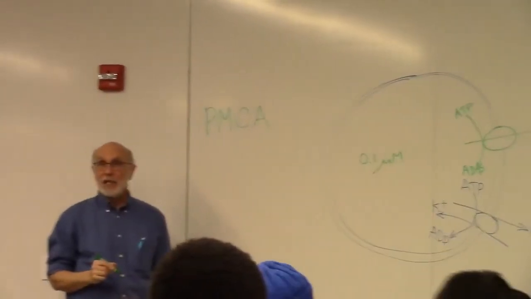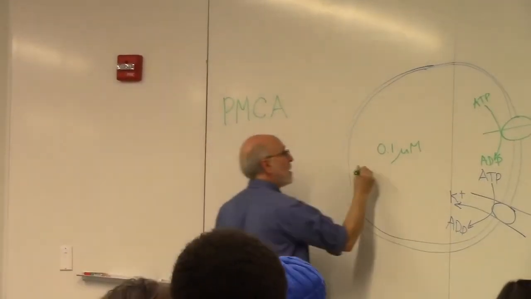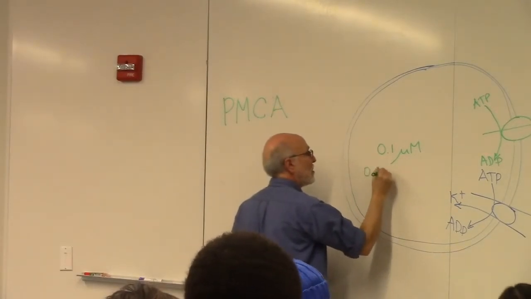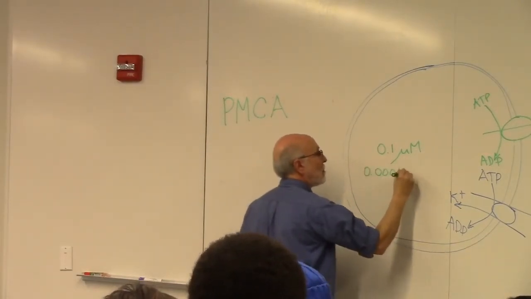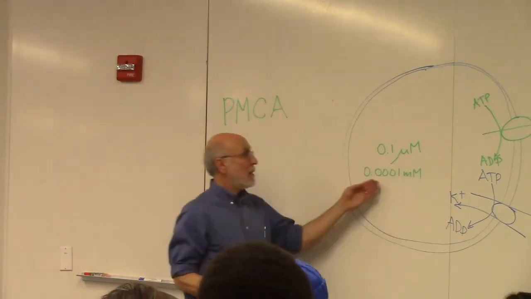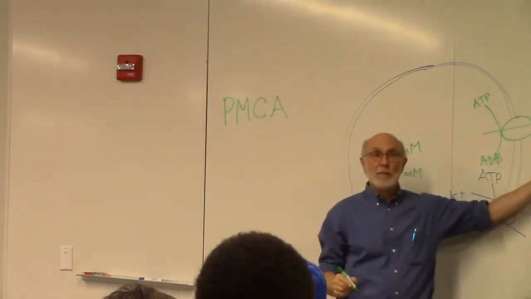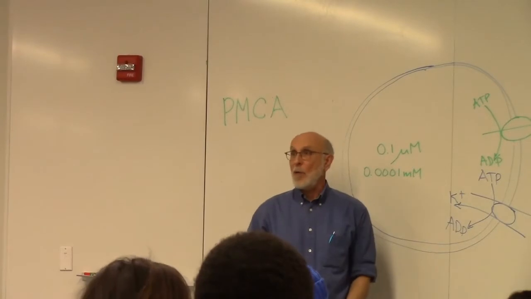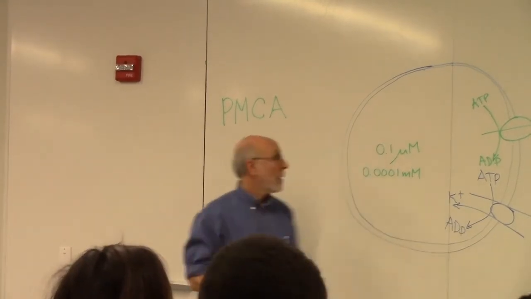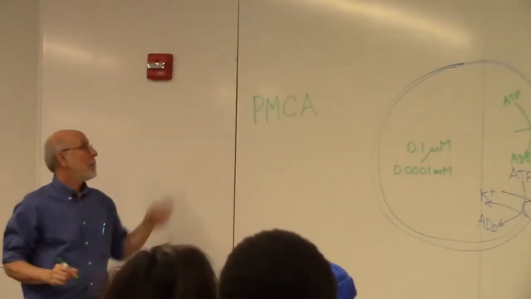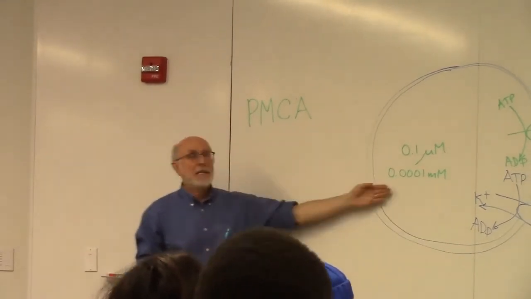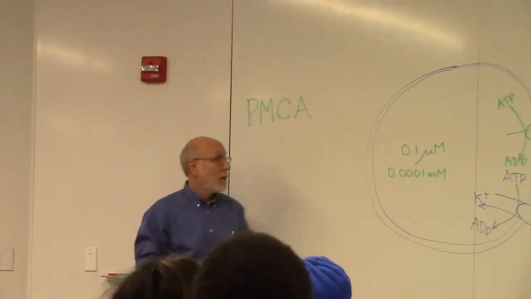I changed units, right? So this is 0.0001 millimolar. This is a relatively small number, but this gradient is not small, it's a steep gradient. The plasma membrane calcium ATPase helps establish this calcium gradient.